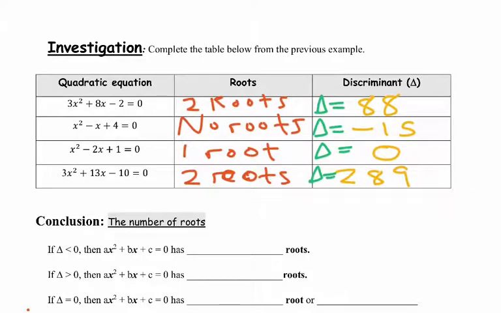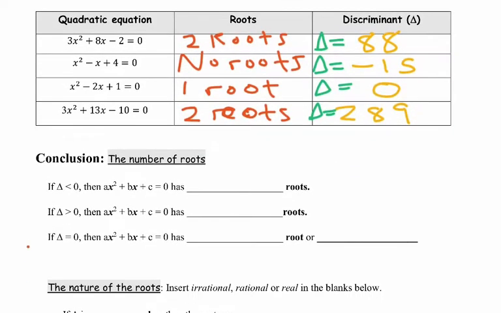Now let's see if we can write a bit of a conclusion about this. If delta is negative, then how many roots do we have? Well, look at this. Here's delta negative, and it says no roots. So I'd write down no real roots.